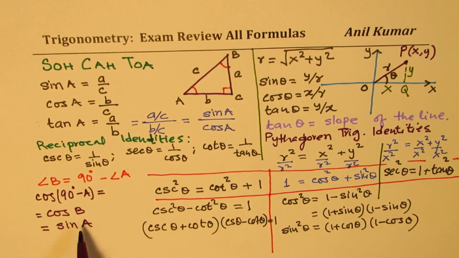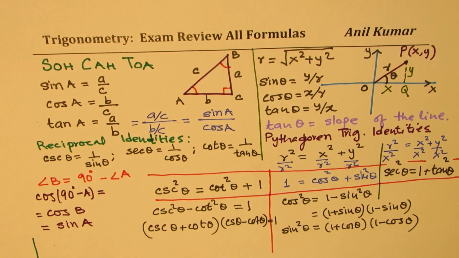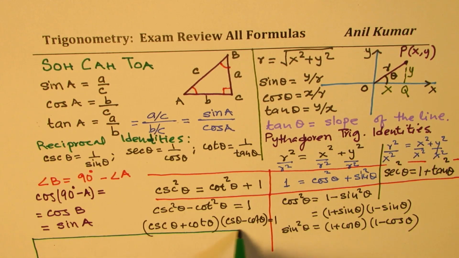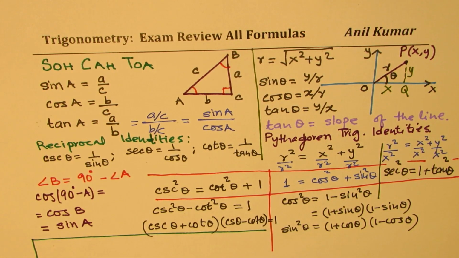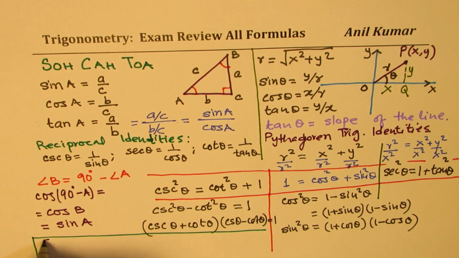Perfect. So we'll take these, called cofunction identities, and place them right here at the end of this particular formula sheet for us. So now I'm writing for you cofunction identities.